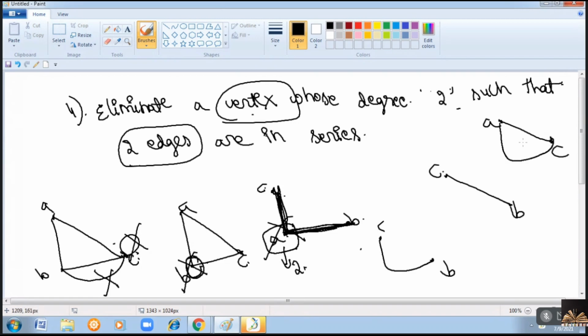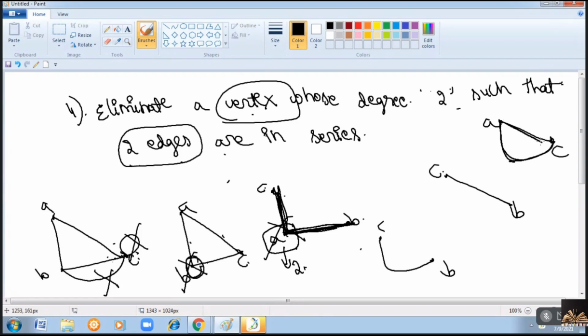Right? Now, what did I tell you? After step 4, you have to repeatedly perform step 3 and step 4. Why do we have to perform this? Already we have eliminated the parallel edges. After this fourth step also, you are again checking for the parallel edges. Why? Because if you have a graph of this type, after eliminating this vertex B with a degree 2, you got one more parallel edge.